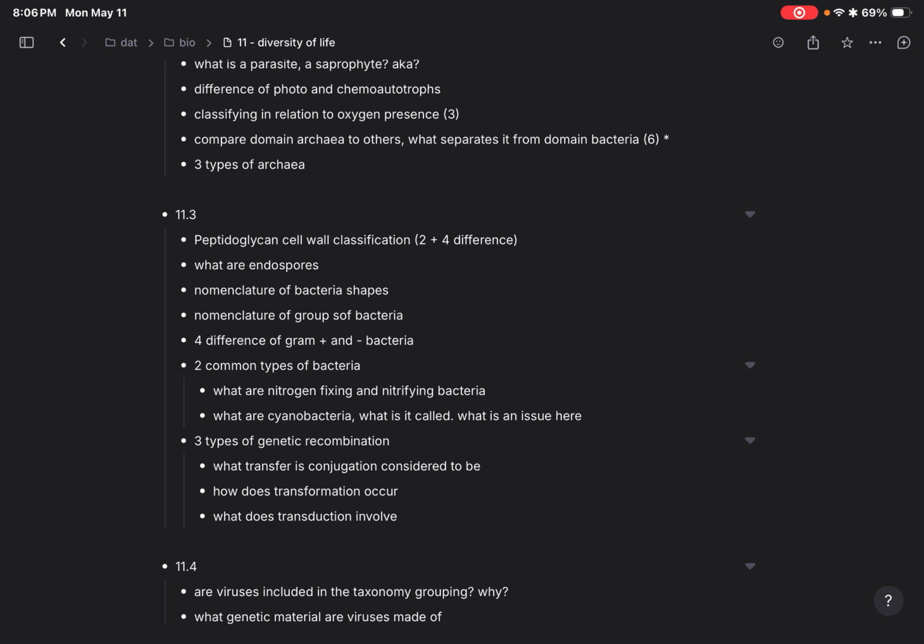What are the three types of archaea? We got methanogens, which produce methane, like CH4.